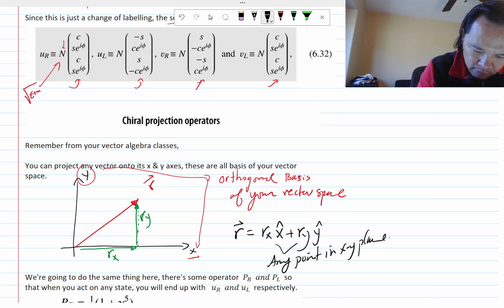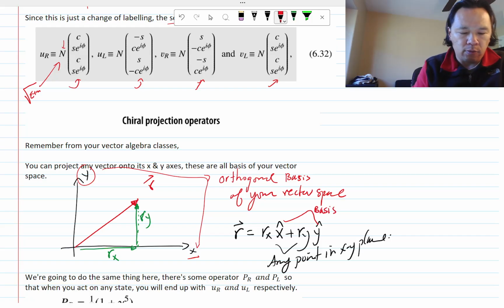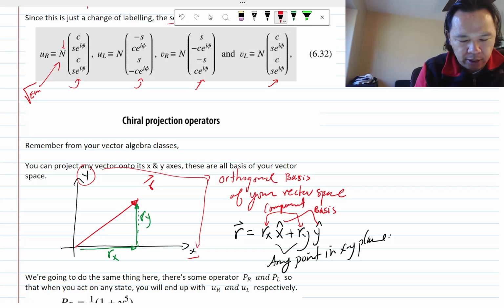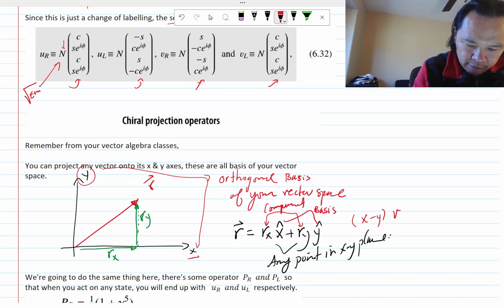Okay. So what we want to abstract out of this is that these are your bases, the x and y hat unit vectors. These are the components from each of those bases, and the xy plane is basically your vector space.